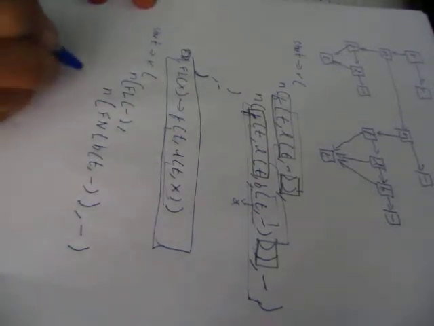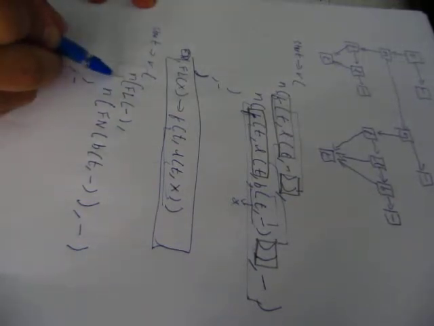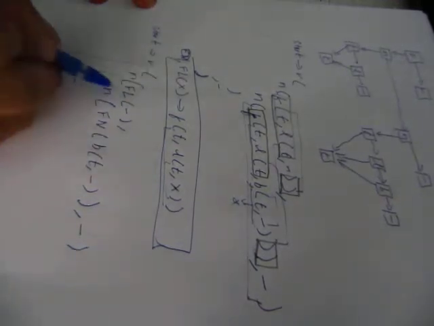Then we write the rest of this. Then this bracket is closed here. Then we write minus, and this is the closing bracket for this, this is the closing bracket for this, and these are the two children of n.